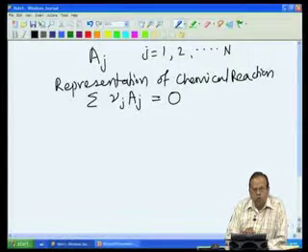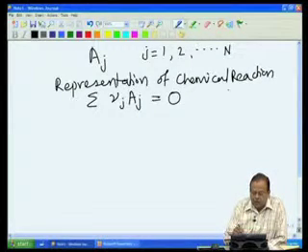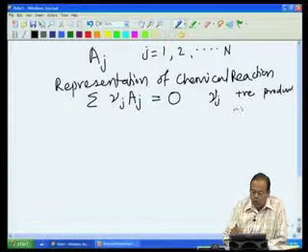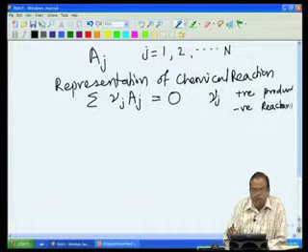By doing so, we are not a priori identifying reactants or products by writing them on the left hand side or right hand side of a reaction, but we are doing that by assigning nu_j either a positive value if it is a product or a negative value if it is a reactant.